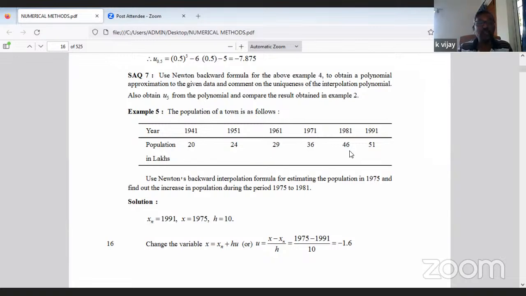So xn is equal to what is the highest value? 1991 I am taking. What is the lowest? What is the 1975?